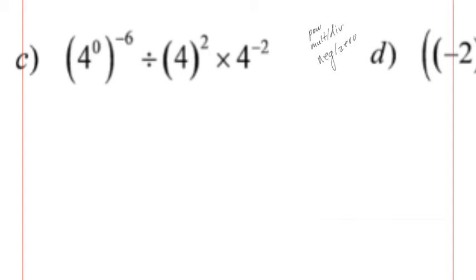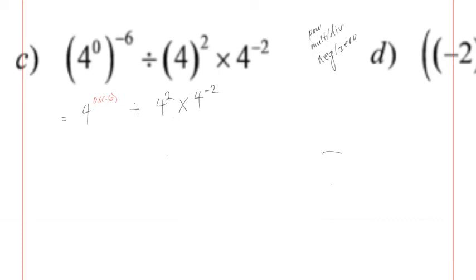The very first bracket has 4 to the 0 raised to the -6. So we're just going to write that as 4 to the 0 times -6, and then we're going to write division, and then, if it was -4, we'd leave the bracket. We got rid of it this time, and then we can do the same for the last bit.